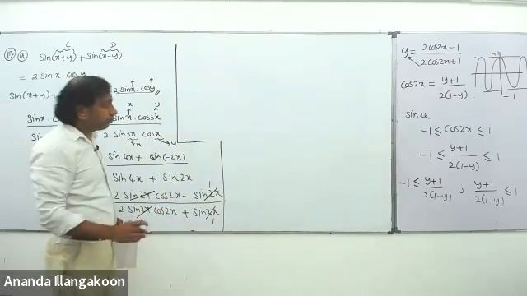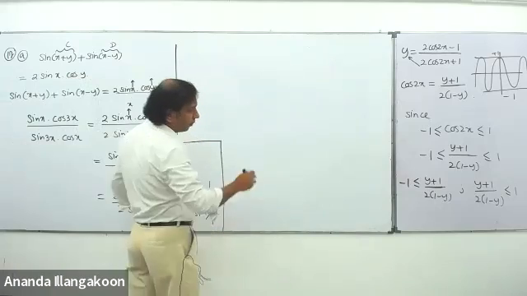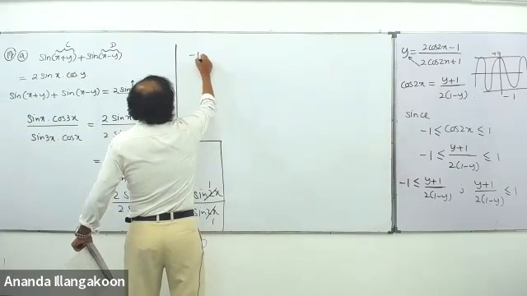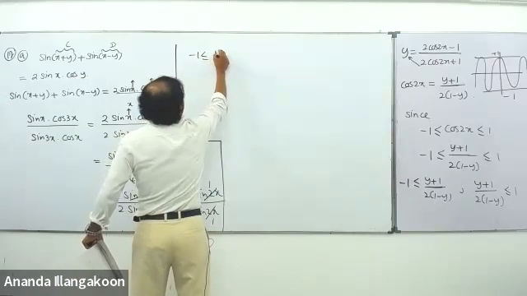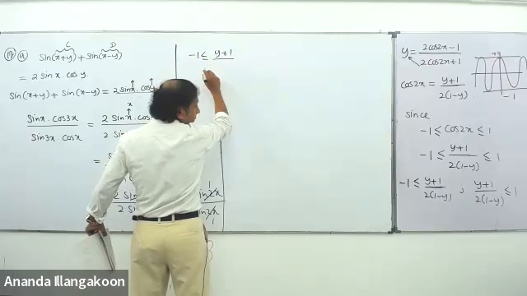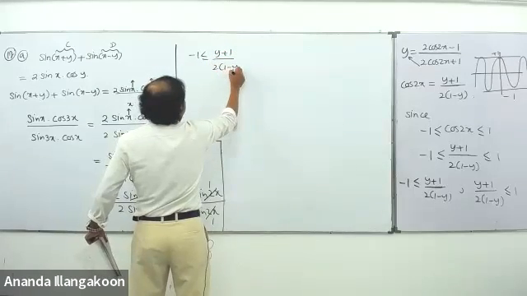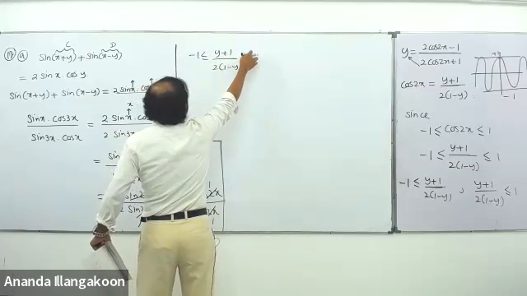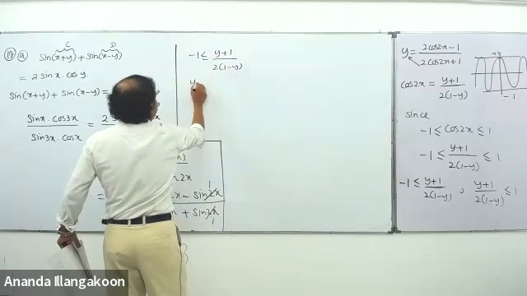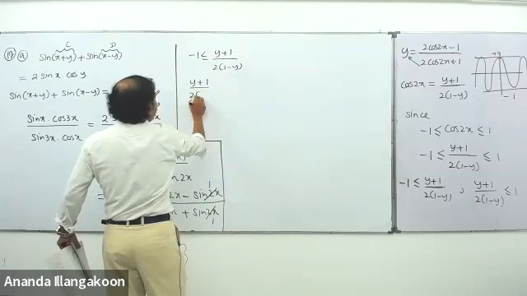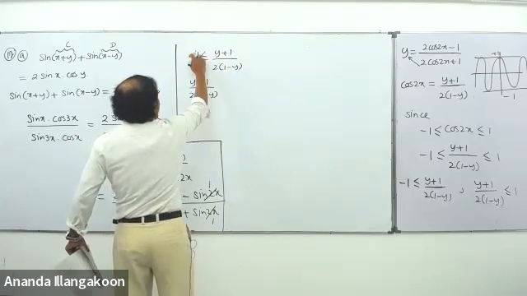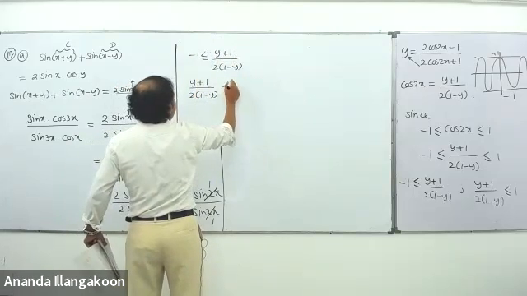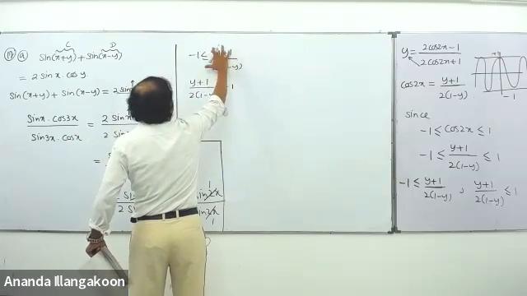First one we will take like this. Minus 1 less than y plus 1 divided by 2 times 1 minus y. Take this to this side. What do you get? y plus 1 divided by 2 times 1 minus y plus 1, greater than or equal to 0.